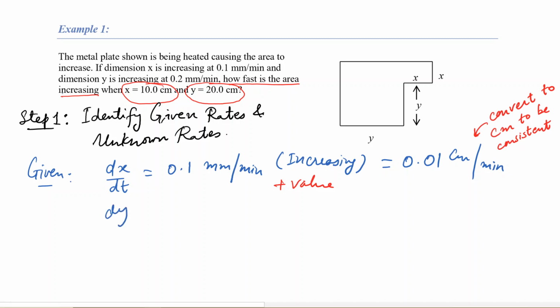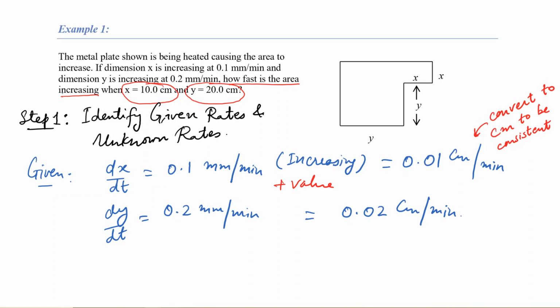Also, we are given the change in y. So y is also increasing at a rate of 0.2 millimeter per minute. Again, it's a positive value, and this is equal to 0.02 centimeter per minute. So now the question arises, what do we want, or what is unknown?